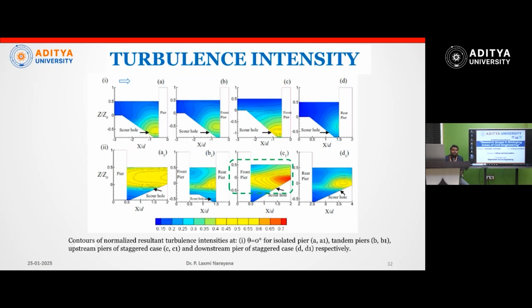Turbulence intensity is how much the velocity has fluctuated with respect to the mean velocity. If there is more fluctuation, there is more intensity. Fluctuation should be very low for the safest case.